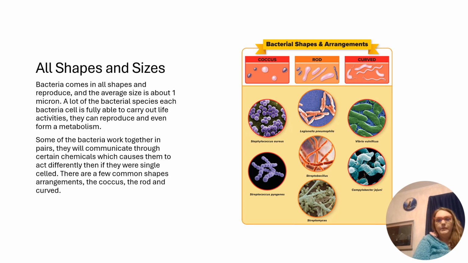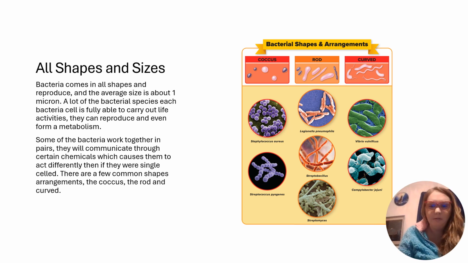Bacteria come in all shapes and arrangements, like it's listed on the diagram. All shapes and sizes bacteria come in, and they also reproduce. The average size is about 1 micron. So for a lot of the bacterial species, each bacterial cell is fully able to carry out life activities.